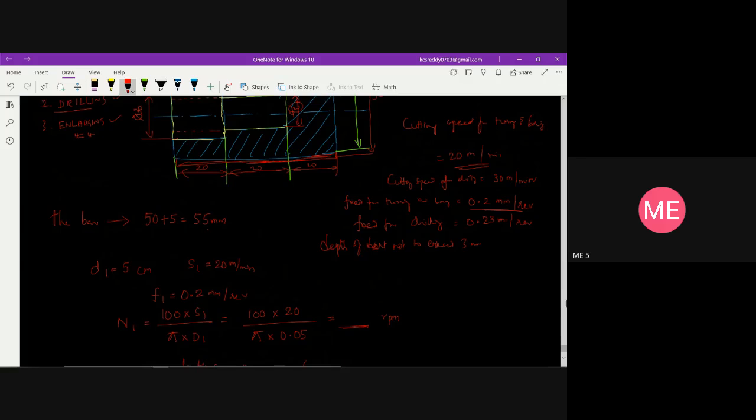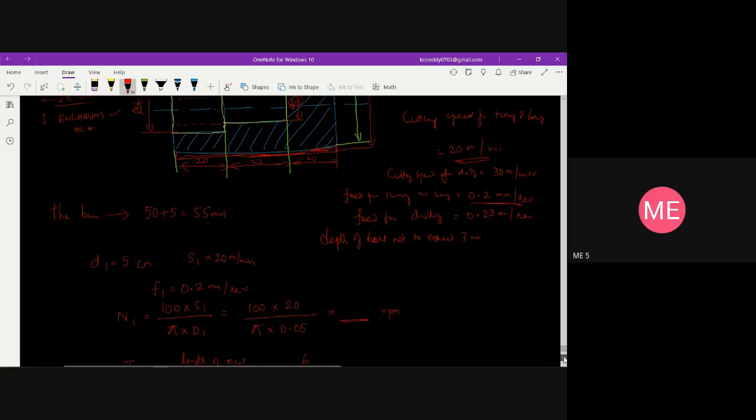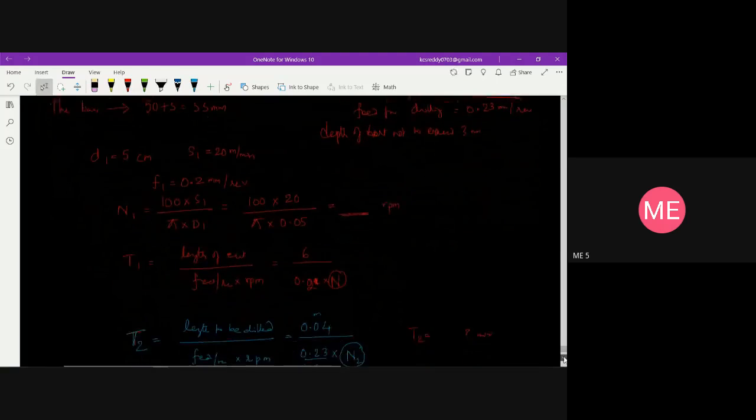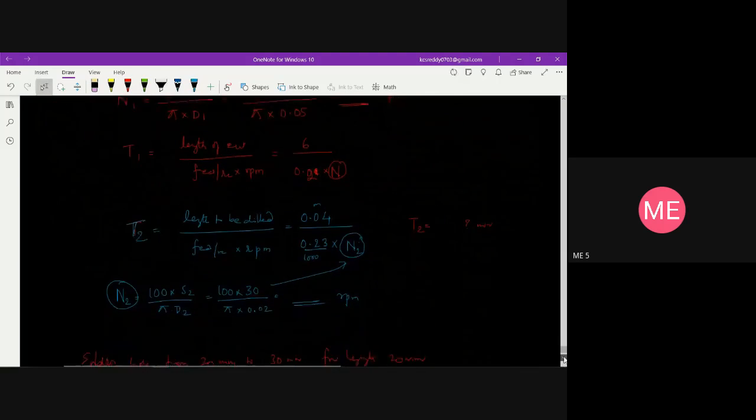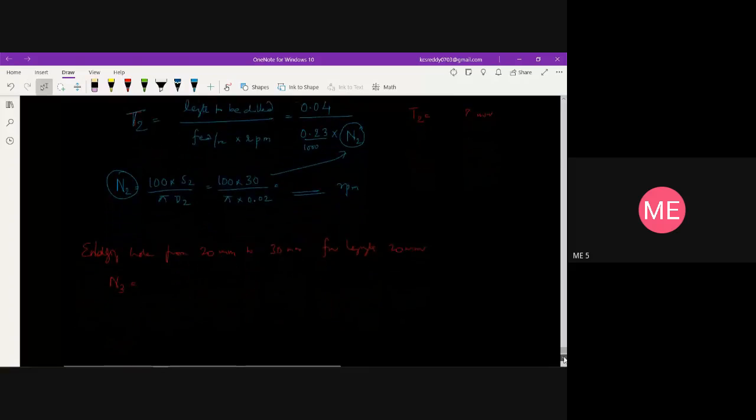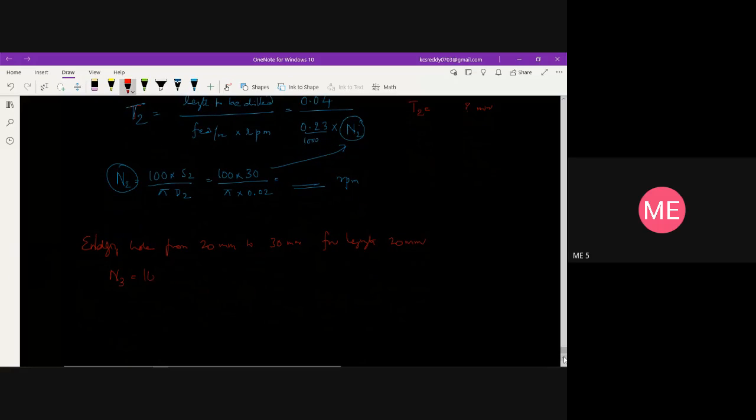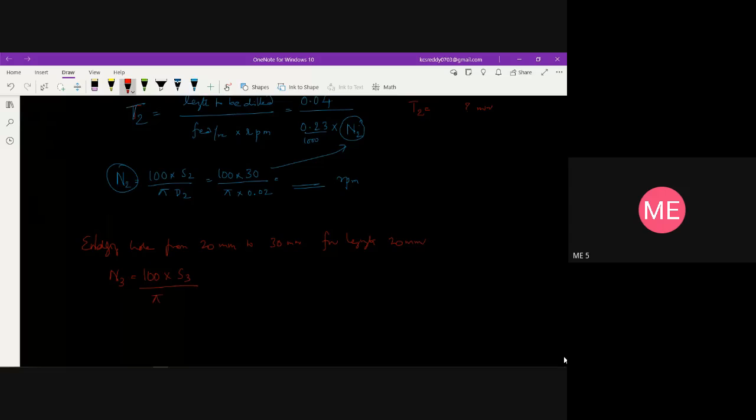So if I want to find out the number of revolutions, RPM, then I have to use N3 is equal to 1000 times speed divided by pi into d3.